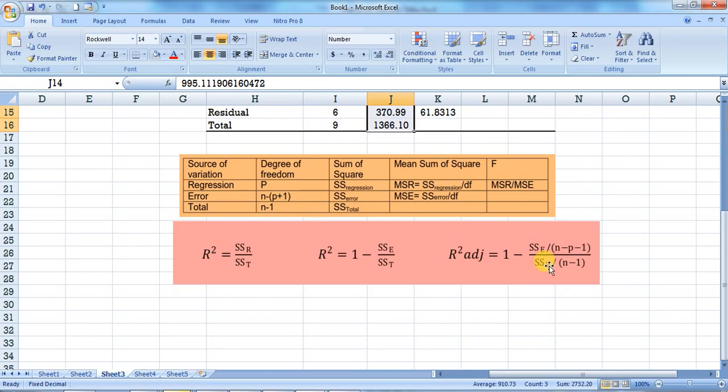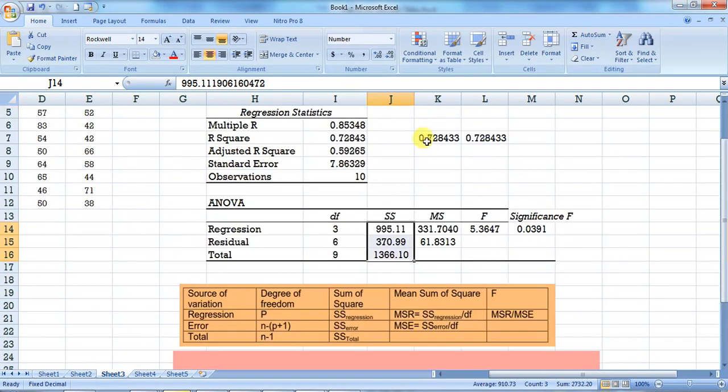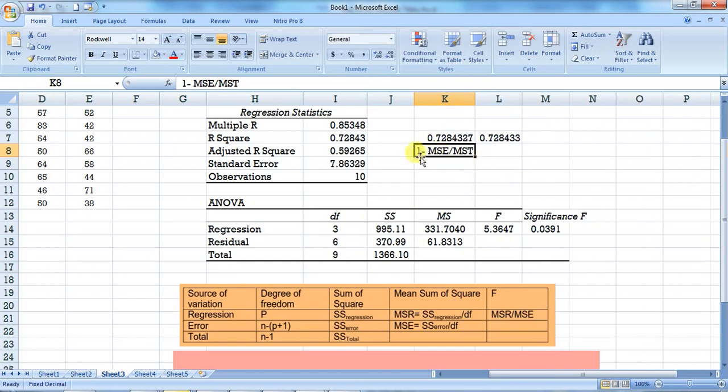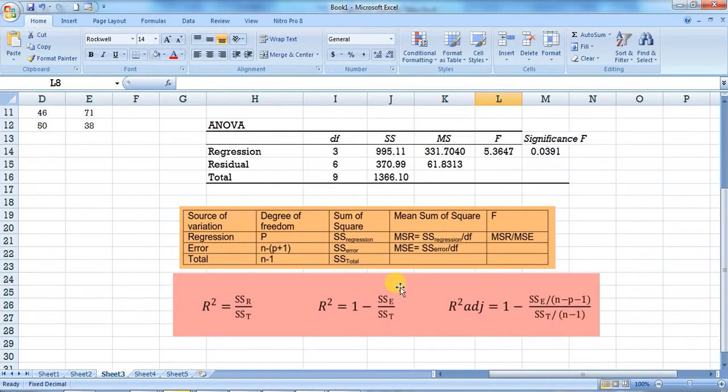So we can say as 1 minus MSE divided by MS total, that is, 1 minus MSE divided by MST. So this also we can use to calculate the adjusted R square. Here we have only the mean sum of square for regression and residual. We don't have it for the total.